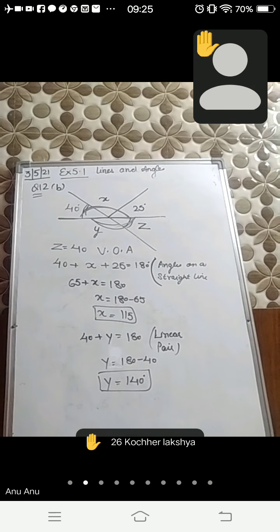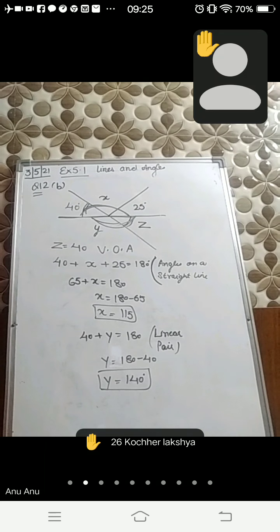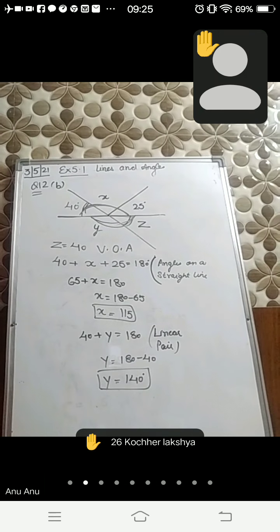So, if the sum of two angles is 90, can we say that the angles are complementary? Yes, surely. And for supplementary angles, if the sum of two angles is 180 degrees, then the angles are forming a linear pair, or you can say they are supplementary.